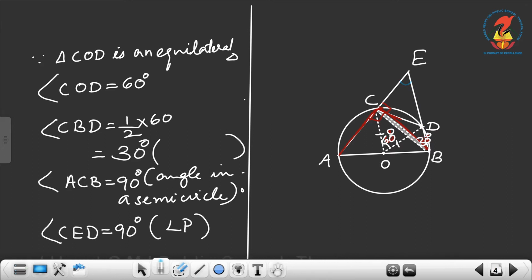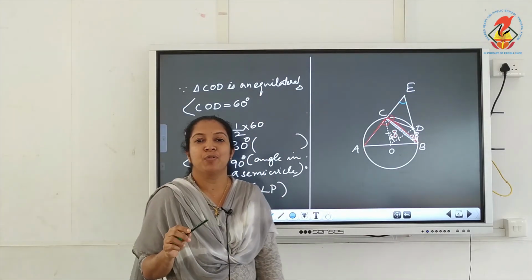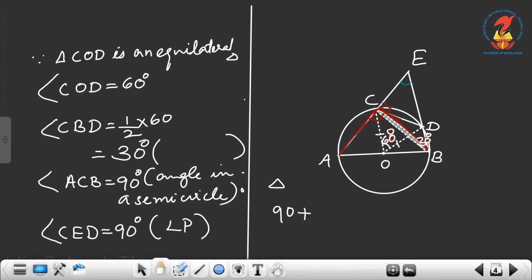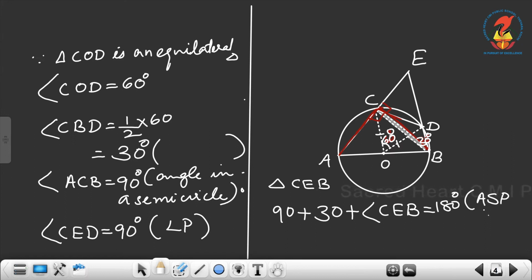Can you find this? Using angle sum property of a triangle. So, what we are using is angle sum property in triangle CEB. 90 plus 30 plus angle CEB is equal to 180 degree using angle sum property of a triangle.